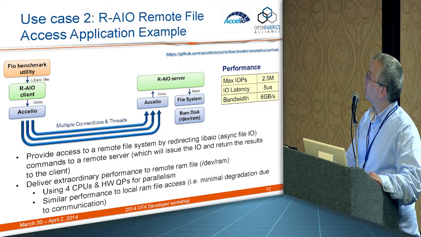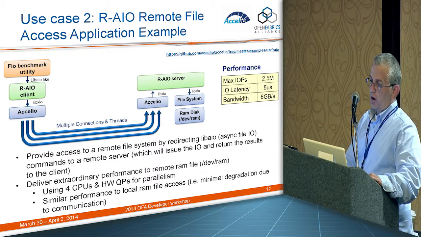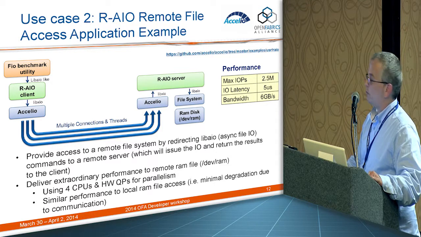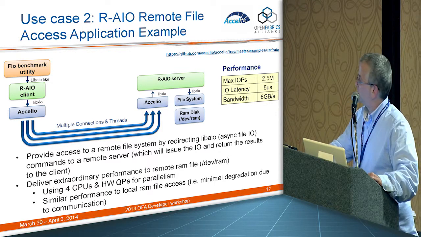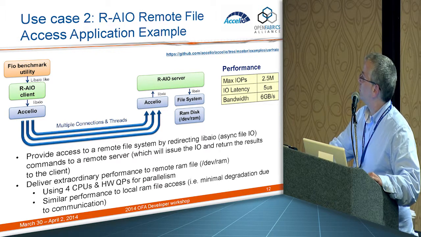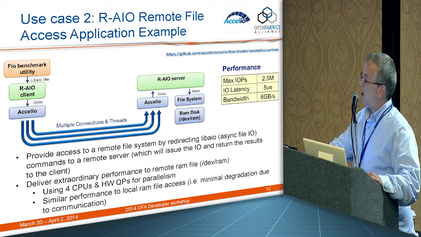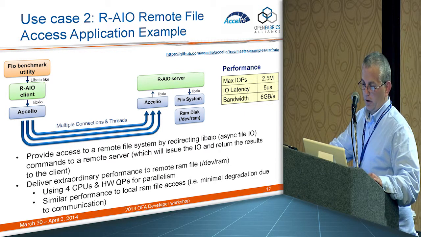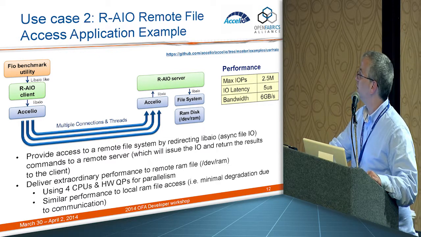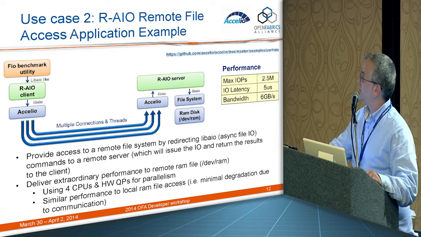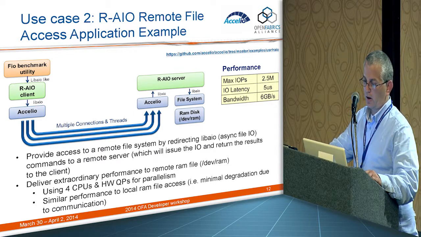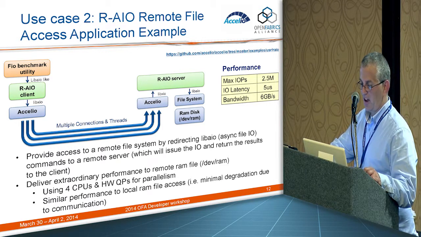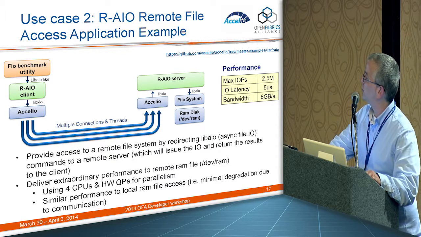The second use case that I want to show you is RAIO. What we tried to do here is take the standard AIO library. It has a few APIs like IO submit, which provides asynchronous IO operations, and we wanted to make them remote. So on the client side, you can start, for example, the FIO benchmark utility, and the API is very similar to libaio, so you can plug in this FIO engine, which emulates the AIO operations.